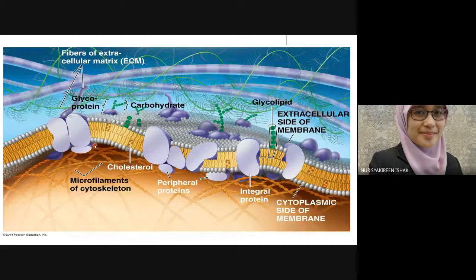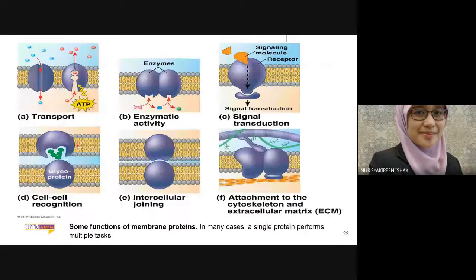Especially this one is only applied to animal cells. As animal cells do not have any cell wall, the protein has to attach to the ECM and also the cytoskeleton inside of the cell.